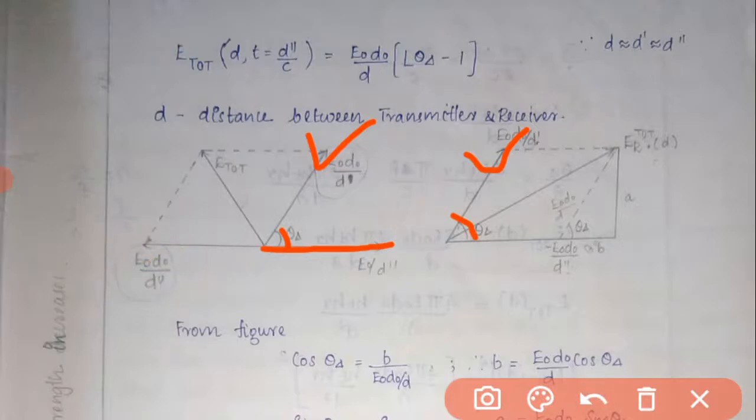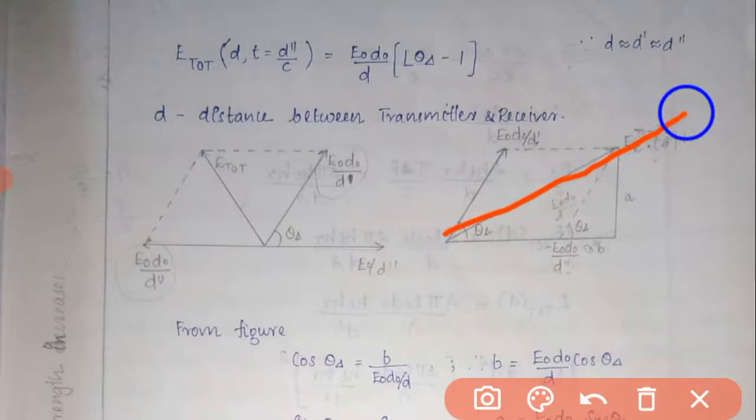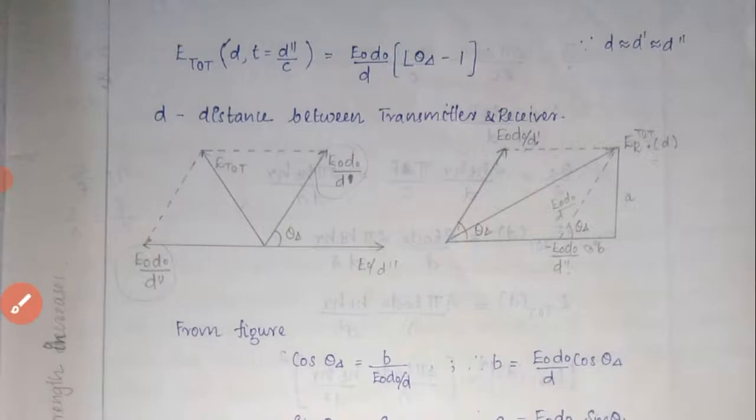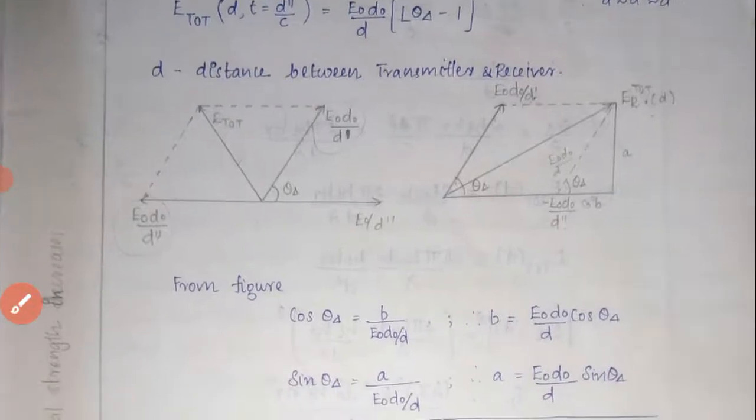In this we have to reverse it, so we get minus E naught D naught by D dash. So the total electric field is denoted as this ER total of D. From this we have to find the value of ER total of D.